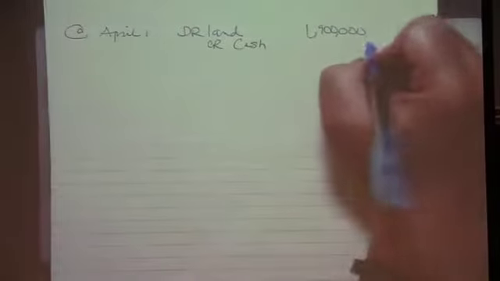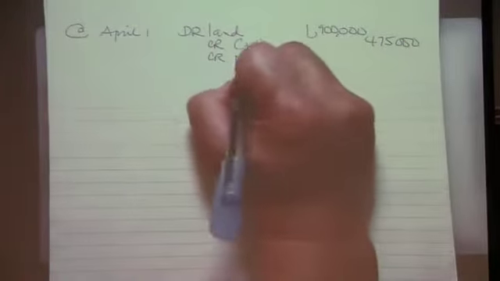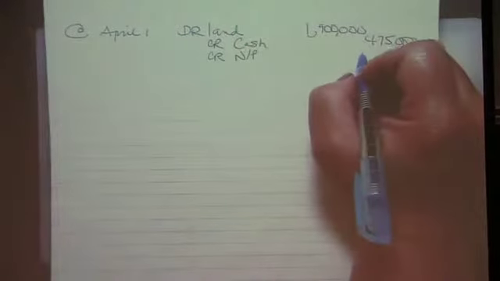So debit land, $1,900,000. We're going to credit cash for $475,000, and we're going to credit notes payable for $1,425,000. And that's the remaining balance to balance out to the $1.9 million.